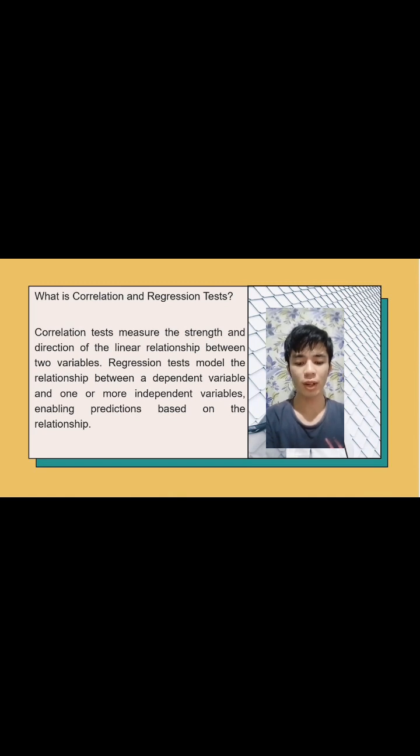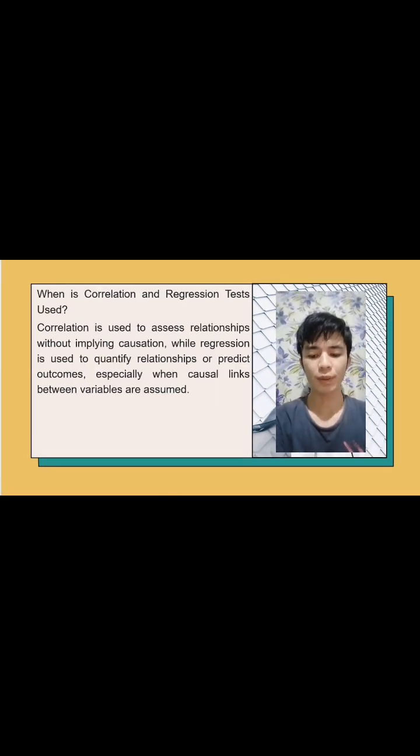When are correlation and regression used? Correlation is used to assess relationships without implying causation, while regression is used to quantify relationships or predict outcomes, especially when causal links between variables are assumed.